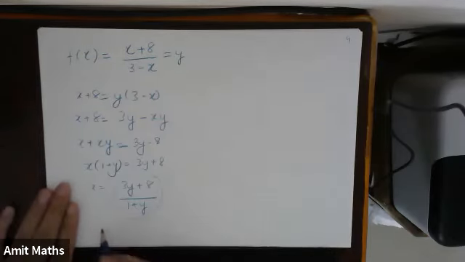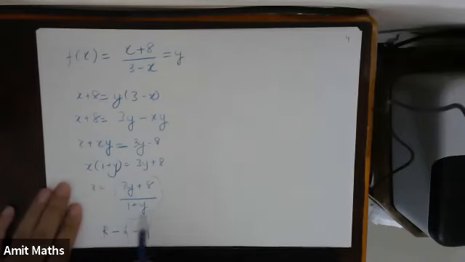So the domain of this function will be R minus of minus 1. Why R? Because the only problem this function can have comes from the denominator. When the denominator is equal to 0, we get something by 0 form, which is undefined.